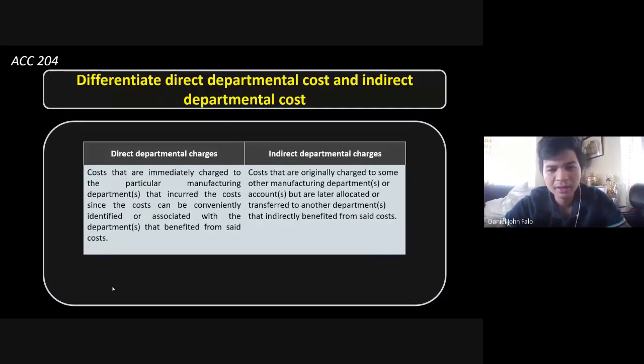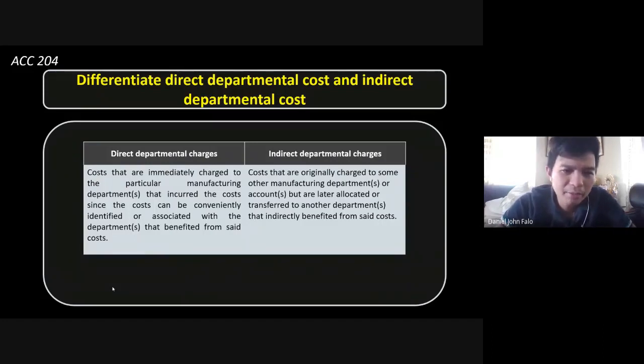Pero pag sinabi nating indirect departmental charges or indirect departmental cost, the cost of such department would be distributed to another departments. Or once na in-incur mo siya, it would be allocated to another departments.